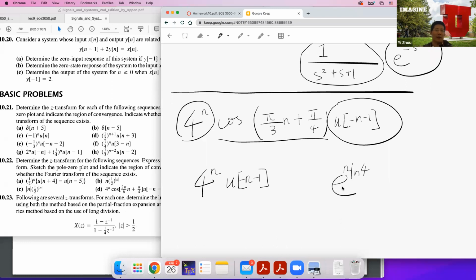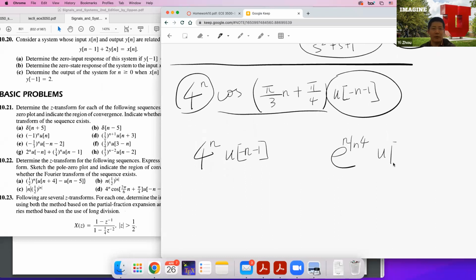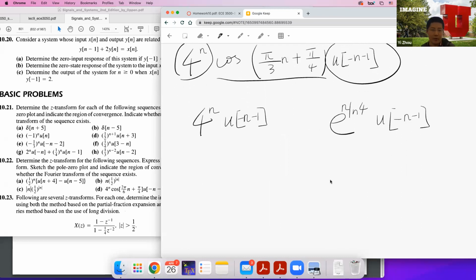And right, then this is very familiar. This falls into that example: e to the power of alpha n times u[n] or u[-n].